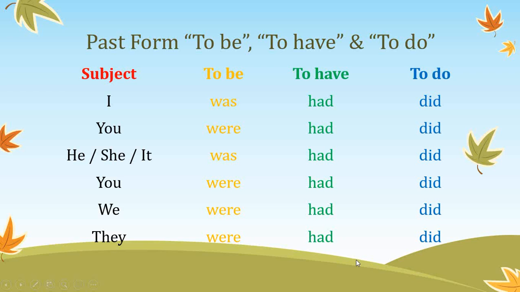I had, you had, he had, she had, it had, etc. And for the verb to do it is the same thing. The same form for all the personal pronouns, did. I did, you did, he did, she did, it did, etc.